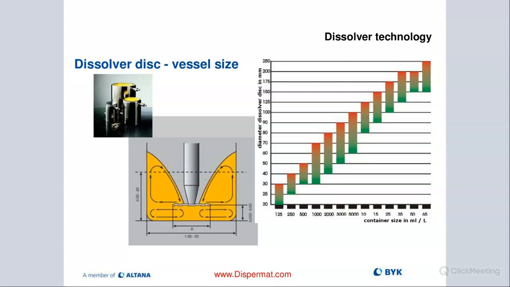Let's say I'm taking 1 liter, for example. So it's about a quart. You can see here that you can have a range of 30 millimeter blade all the way up to a 70 millimeter blade. So you're not fixed to one blade. But ideally, you want to start out with about 1/3 the diameter. So I would probably say it would usually be about a 50 in this case.